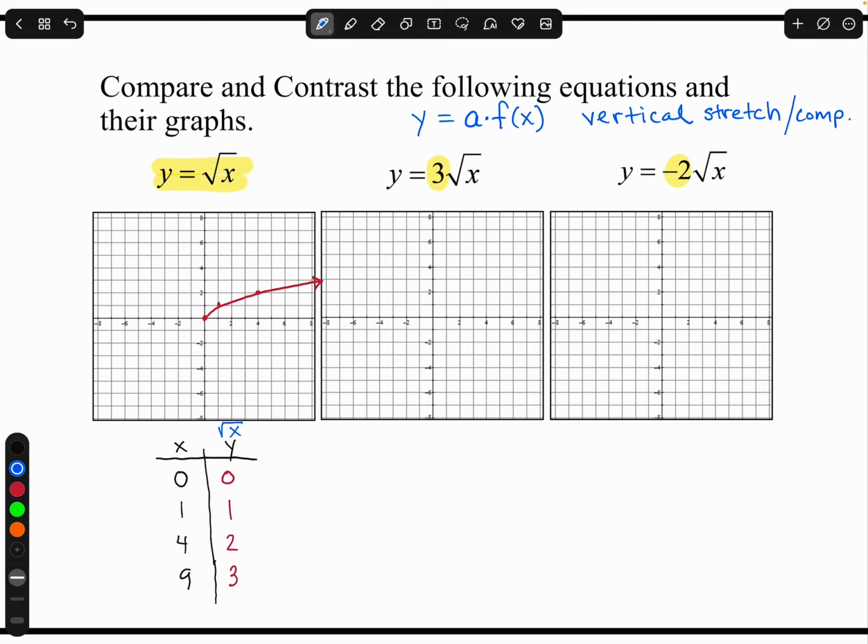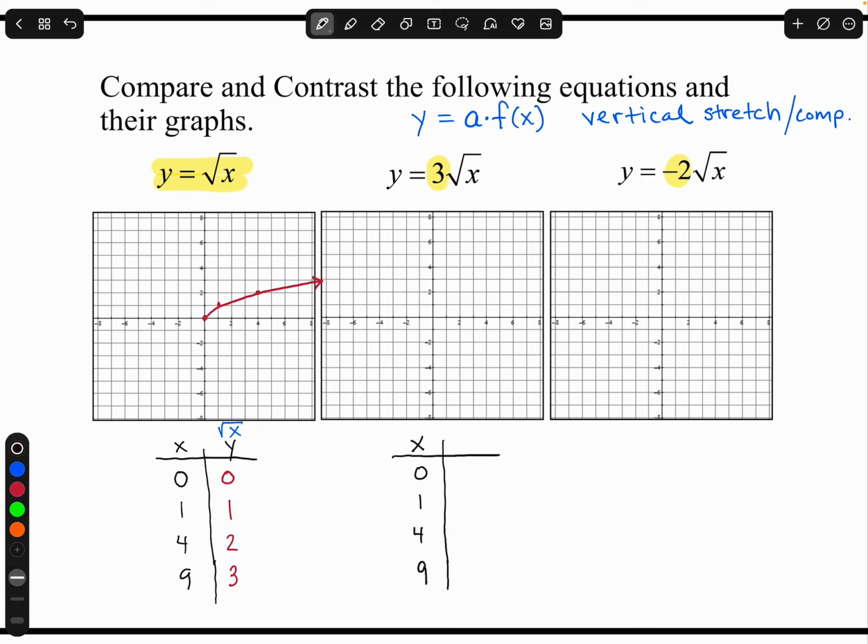So when you think about a vertical stretch, does that affect your x's or your y's? Y's run vertically, so that's what we're looking for here. When we build our table, so we can compare it to our y equals the square root of x table, our x's are not going to change. They're going to remain 0, 1, 4, and 9.